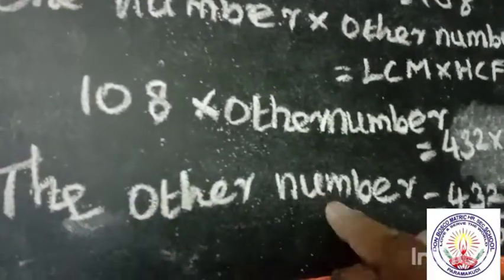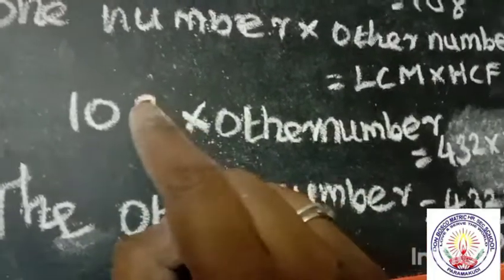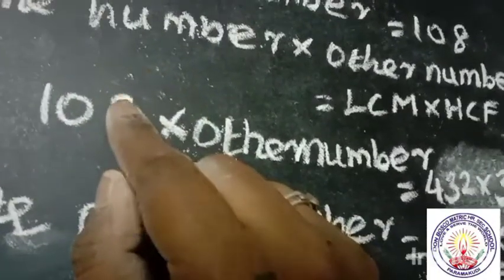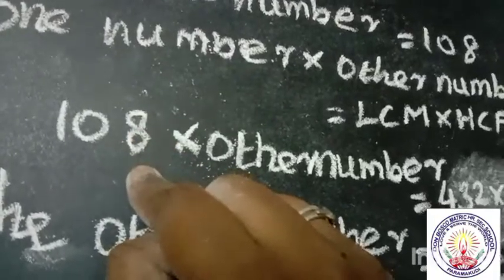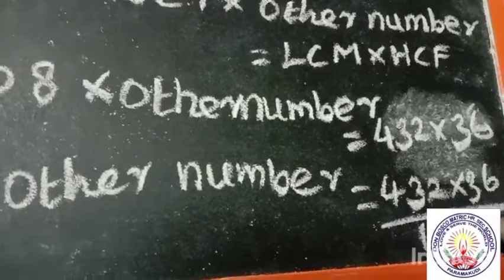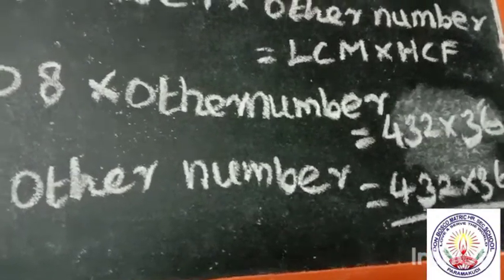We keep the other number alone on the left hand side. So 108, the multiplication on the left side we will change to the right side. It will change to divide.